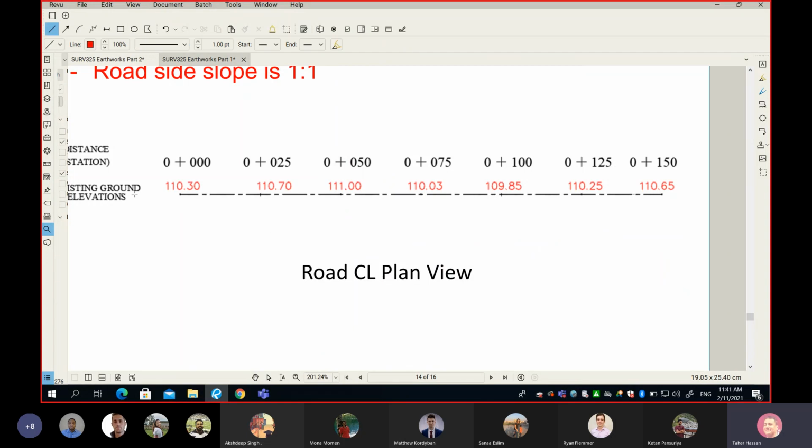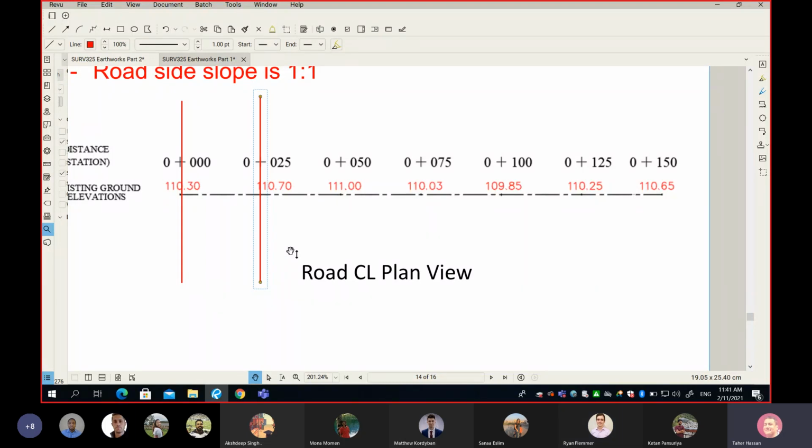I'm asking you, remember, the cross section is perpendicular to my center line. So it's a cross section, and that's another cross section. In every cross section, how many existing ground points did we measure? Just 2, or 3, or 1?